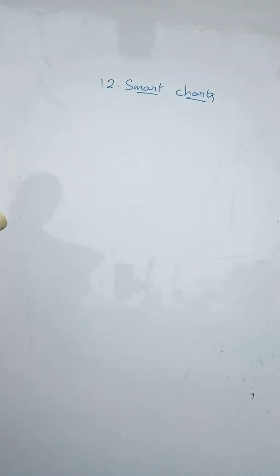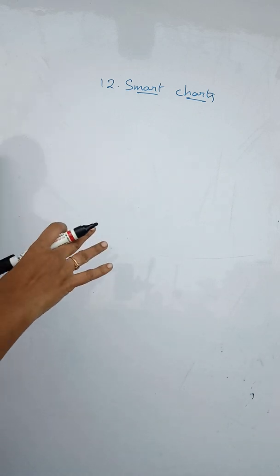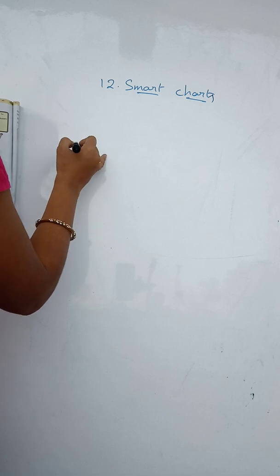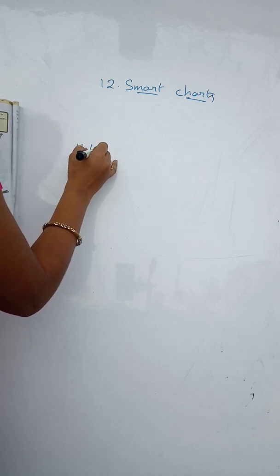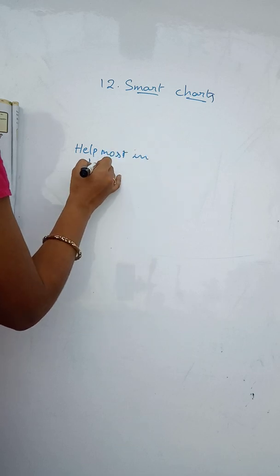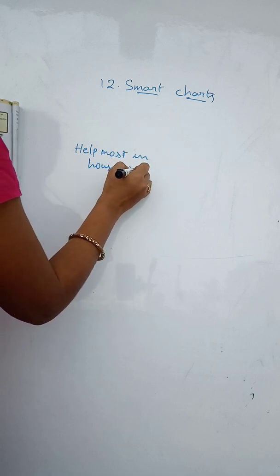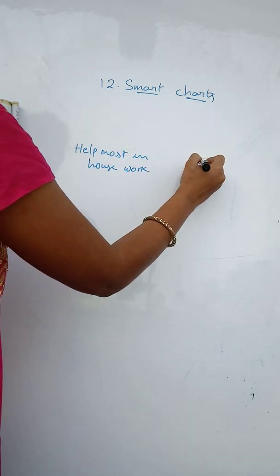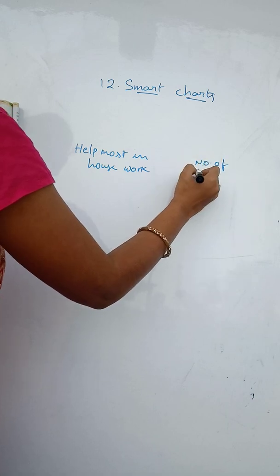The teacher collected their answers and made a table. In home, how many members are helping their parents? EVS teacher did a table. Help most in housework. Number of children helping in which work?